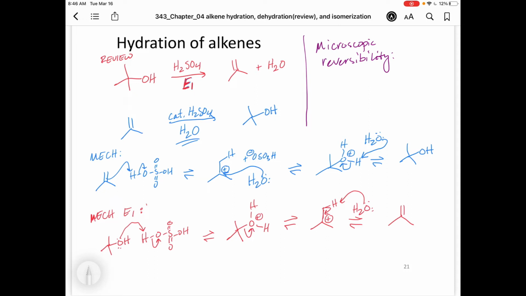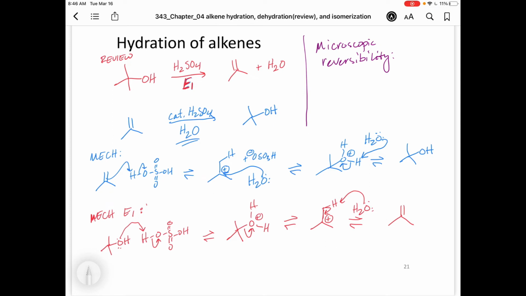So if I start here at the alcohol, so E1, I start with an alcohol. I have a protonated alcohol. If I go down here, I have a protonated alcohol. I have a carbocation, and now I have a carbocation.